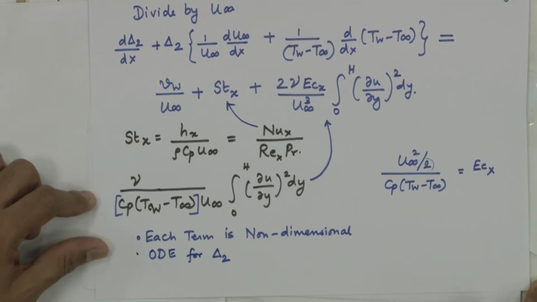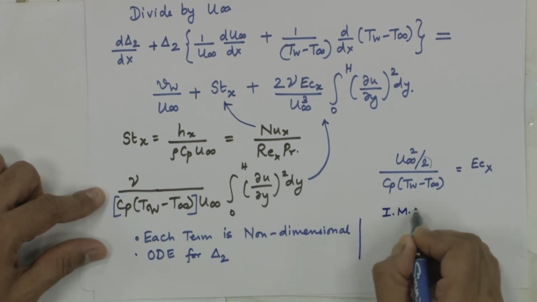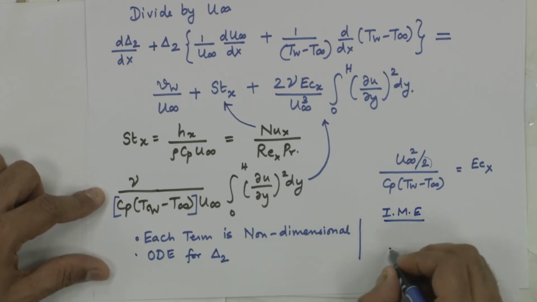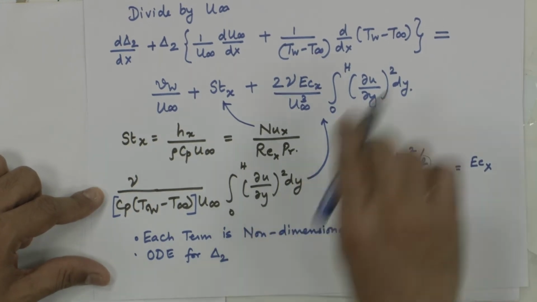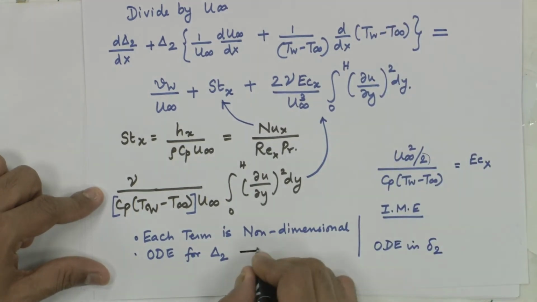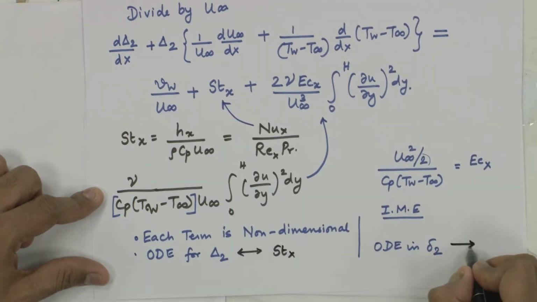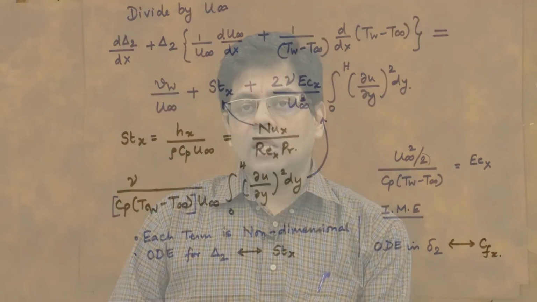Your integrated momentum equation, if we go back, also had each term non-dimensional, and that was an ODE in momentum thickness. As engineers, the enthalpy thickness is related to the Stanton number, and the momentum thickness is directly related to the coefficient of friction. In the next module, we will take up a simple case for solving this integral energy equation.